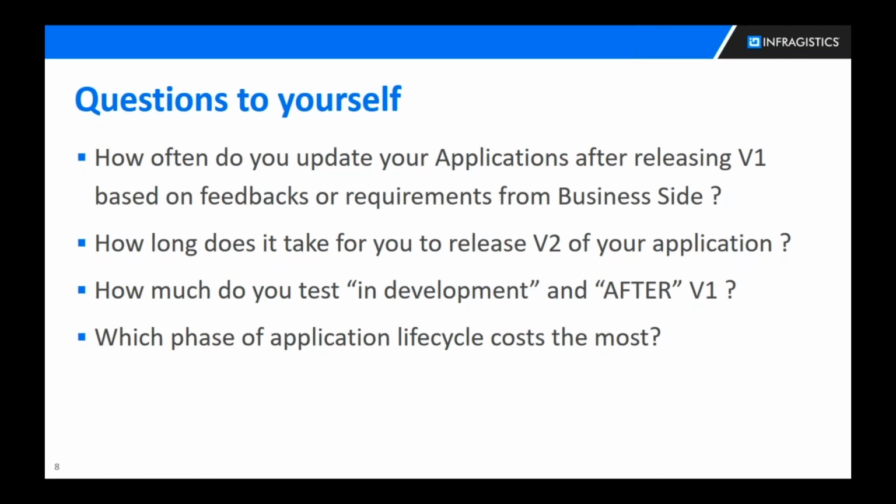Or, how long does it take for you to release the next version of your application? Like us, we release twice a year for major version updates. How long do you take to upgrade your application? Do you have a very short life cycle, or a very long life cycle?